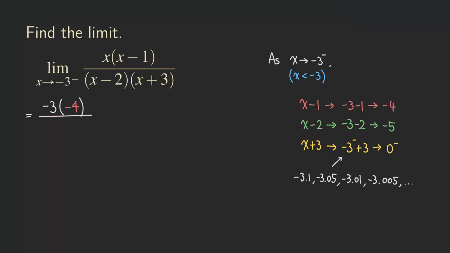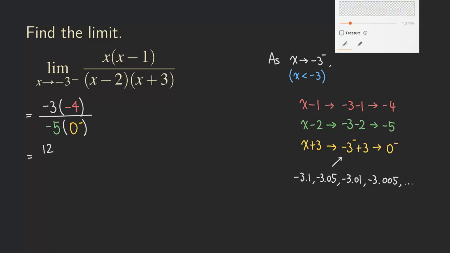And the one we have for x plus 3 is approaching 0 from the left. If you put the numbers together, that's close to -3 and that's close to -4. When you multiply them together, they're both negative numbers, so the numerator approaches positive 12.